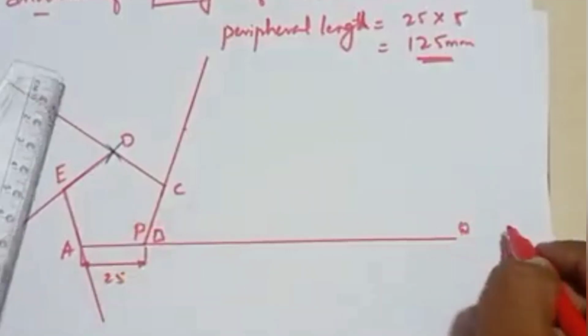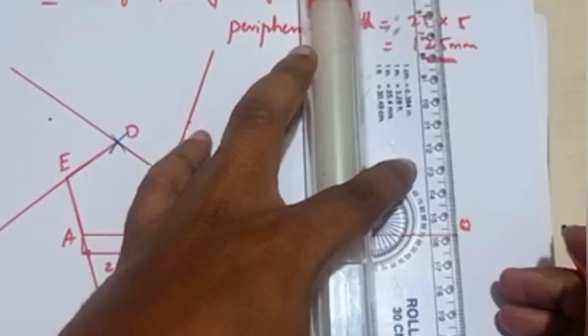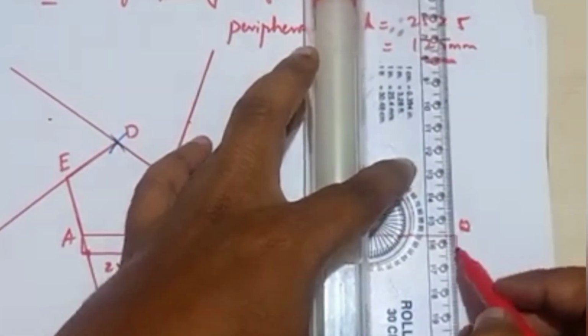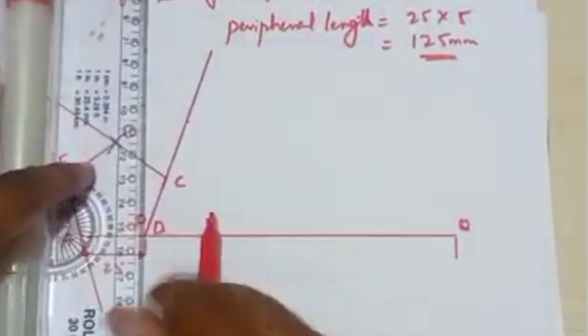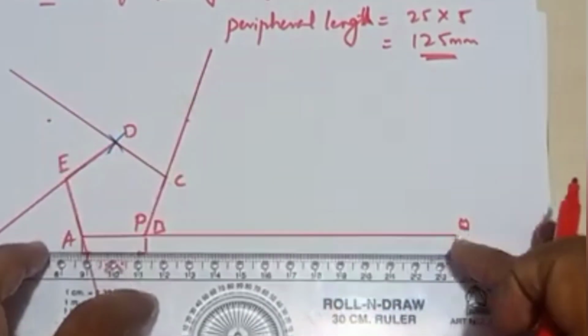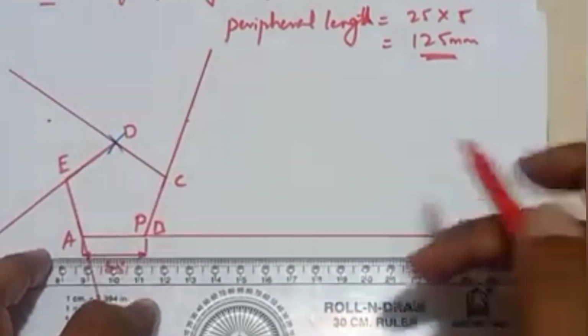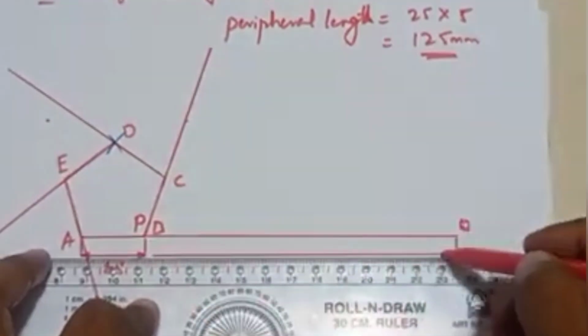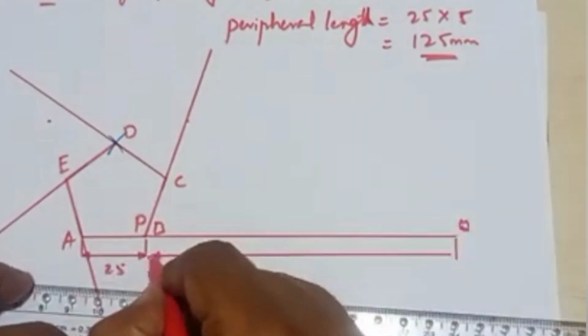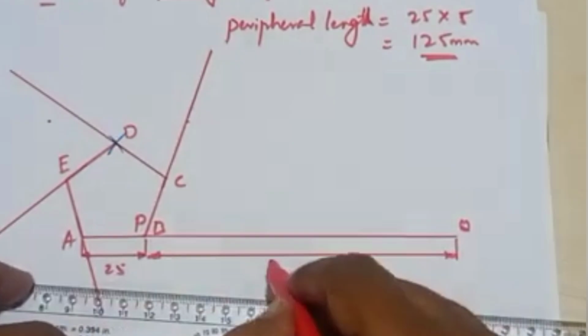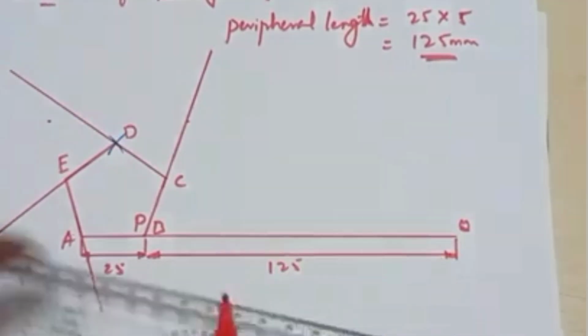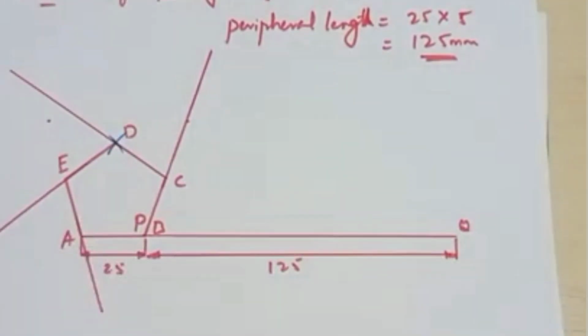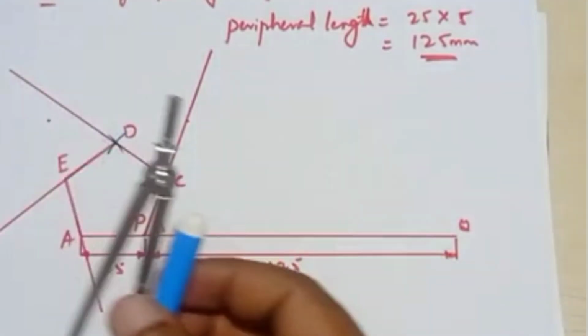I will be marking this as PQ. So the length of this PQ line, that is the peripheral length, is 125 mm. Now take the compass, measure 25 mm.